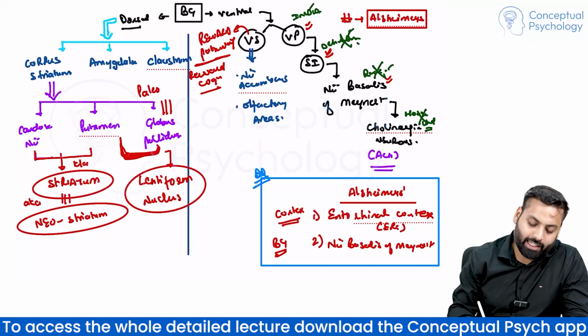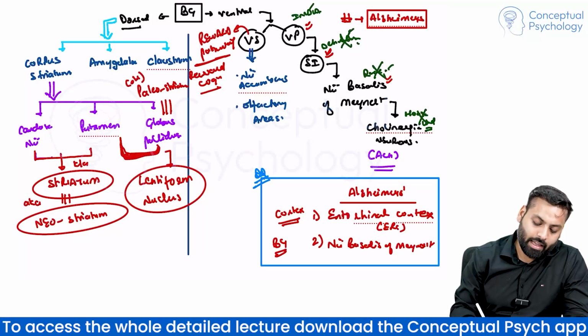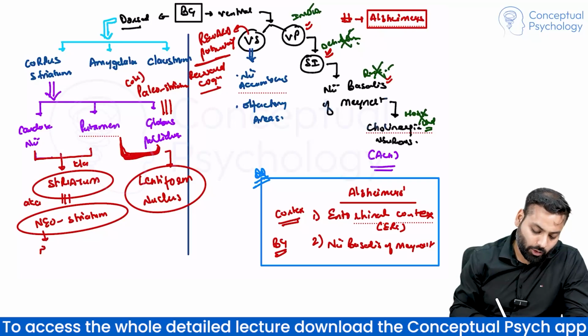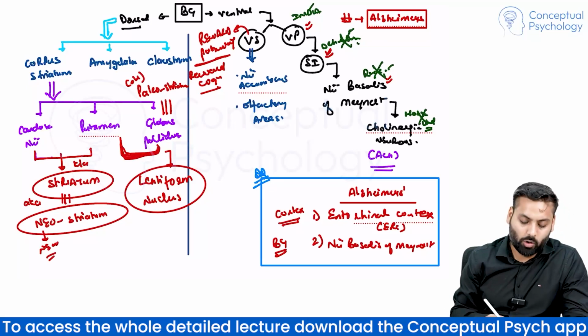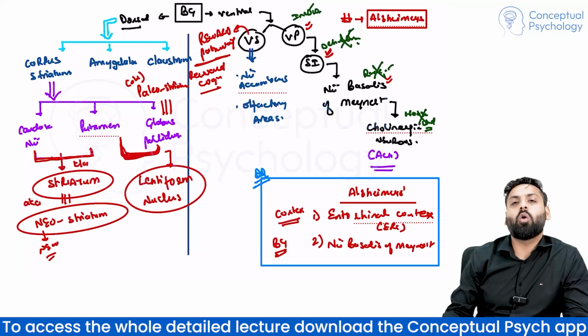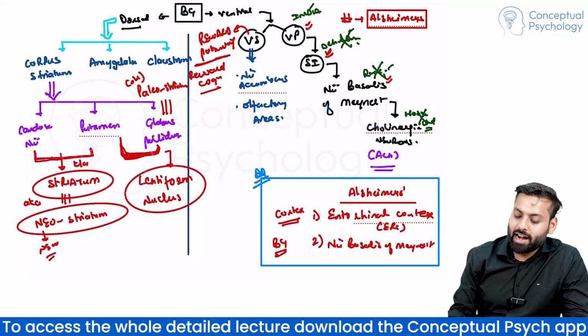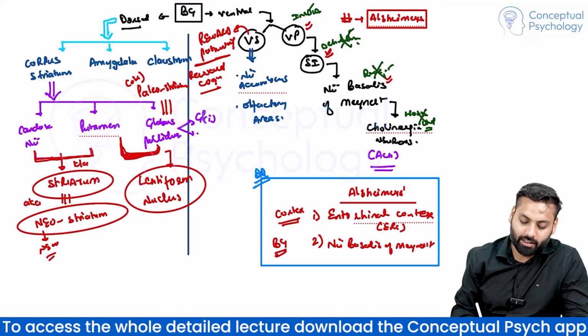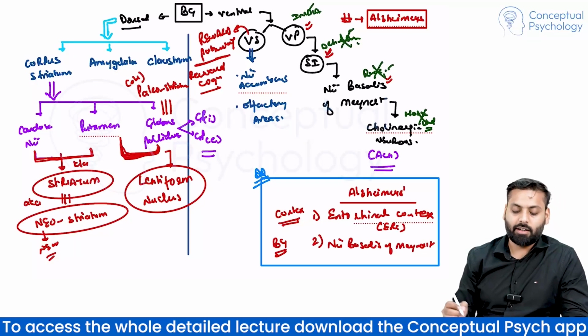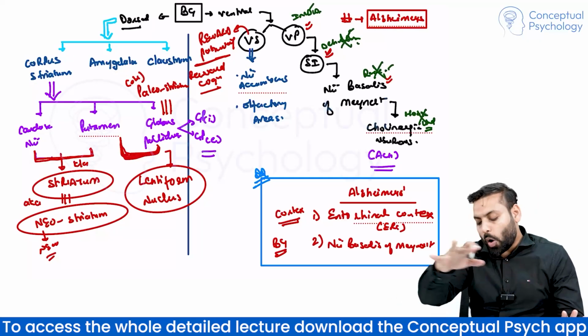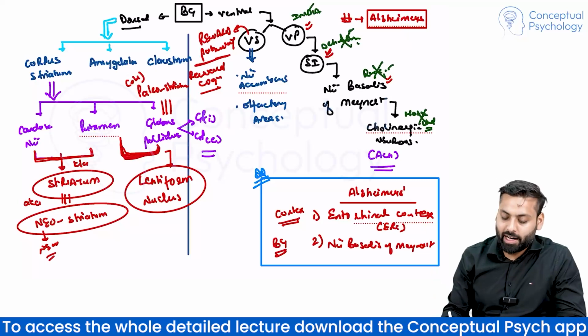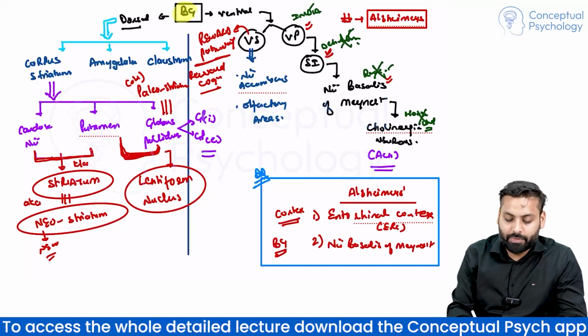That is paleostriatum. Paleo means old and neo means new. So new striatum is caudate nucleus plus putamen. Old striatum is Globus pallidus. And just for your understanding, Globus pallidus is divided into Globus pallidus interna and Globus pallidus externa. Okay, and this all combined, this whole page combined forms what? This forms your basal ganglia.